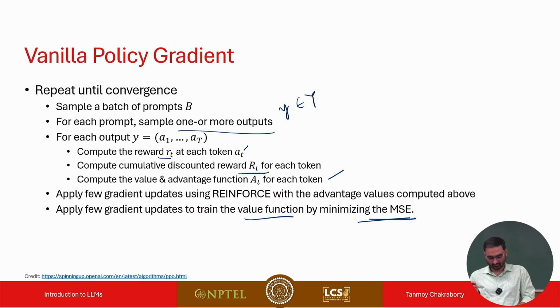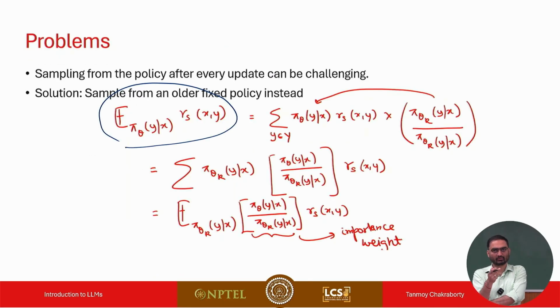If you look at this algorithm here, for every updated policy model, so theta gets updated, I need to generate a response. From the response, I will calculate all these things: reward, advantage function, and so on.